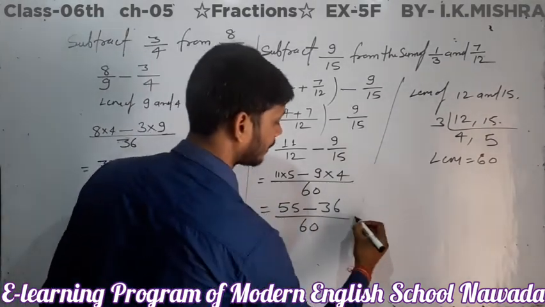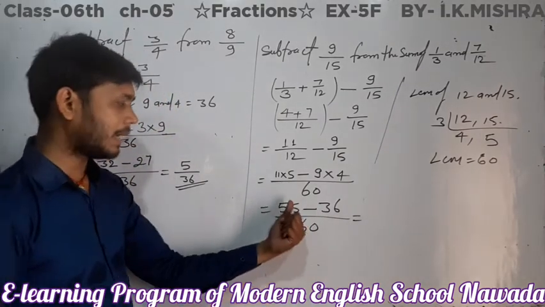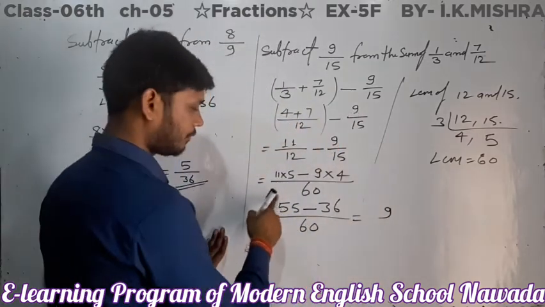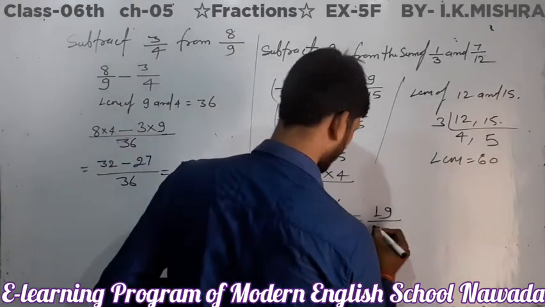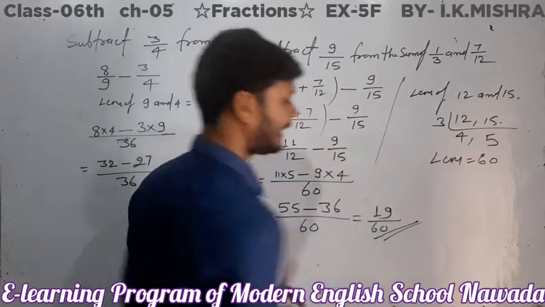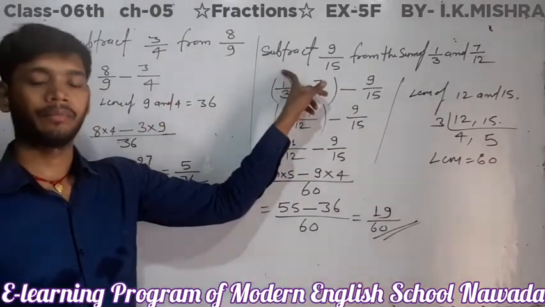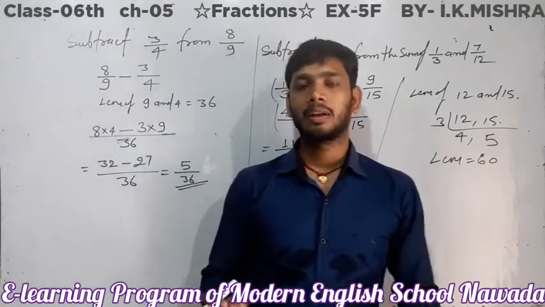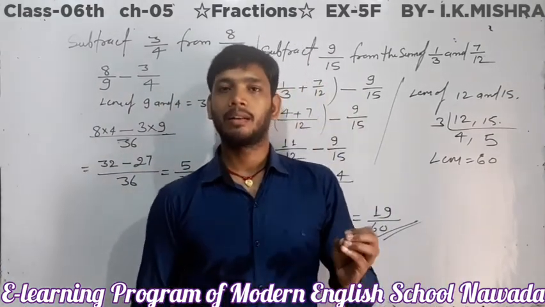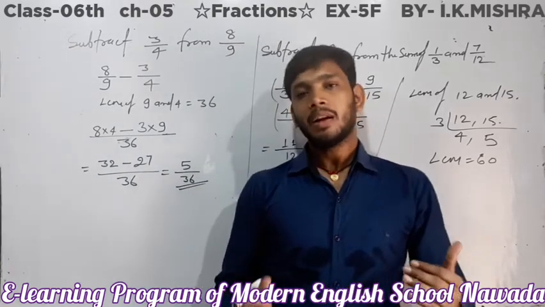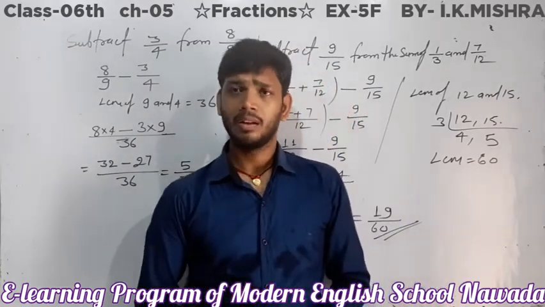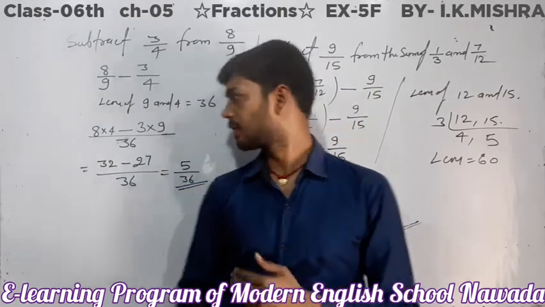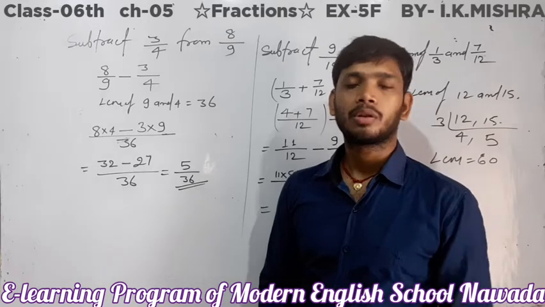After that, subtract: 55 minus 36 is 19, so 19 by 60. Friends, it's your final answer. Similarly, students, you can solve all of the questions in exercise 5F. All of the questions are very easy, but I will discuss some more questions.